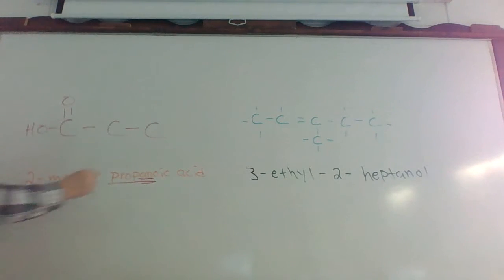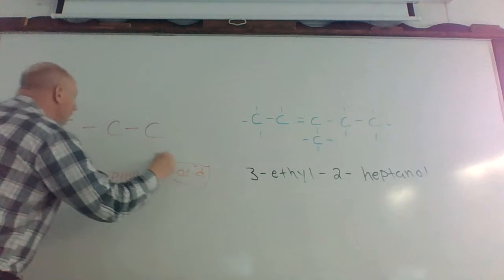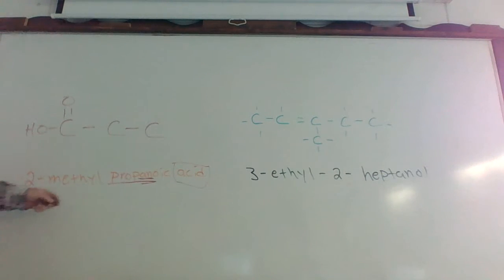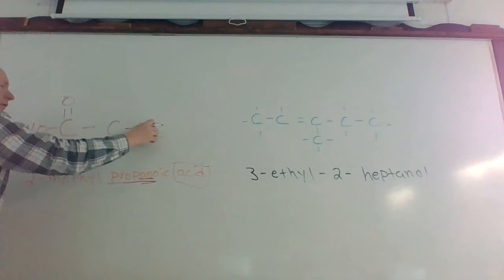We've accounted for this organic family because it's right here. We've accounted for these 3 carbons. There they are. What's the last thing that we would need to do? What is a methyl group? It's a derivative. What's the formula for a methyl group? CH3. Can we put them over here?